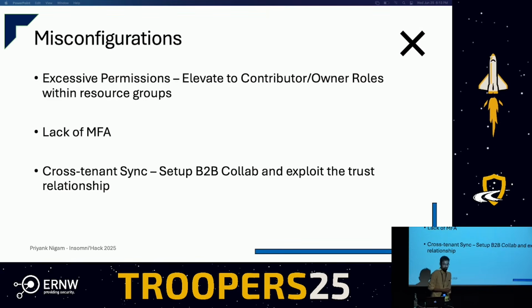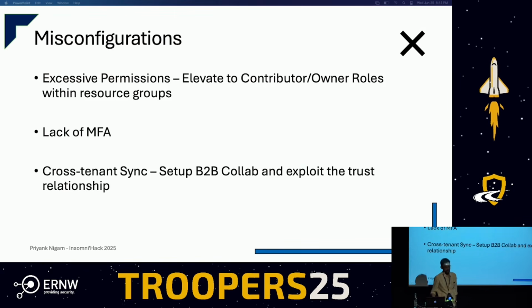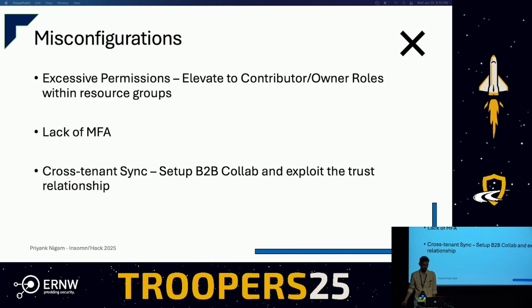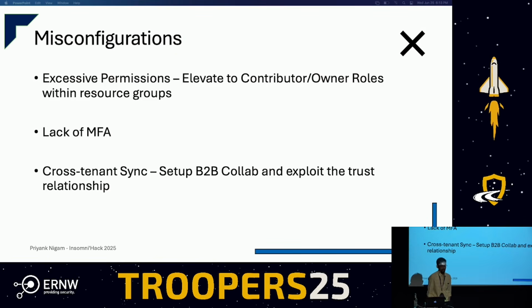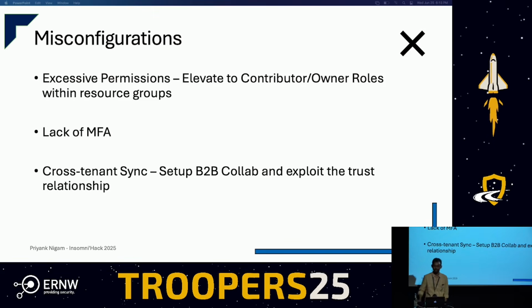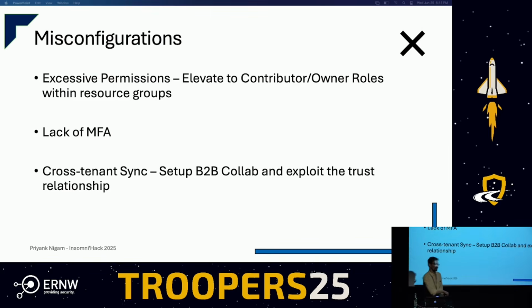Or we want to enumerate misconfigurations within the cloud environment as well. In this scenario, it's Azure-based stuff, right? So you want to elevate to the Contributor or Owner role within resource groups which the user already owns.